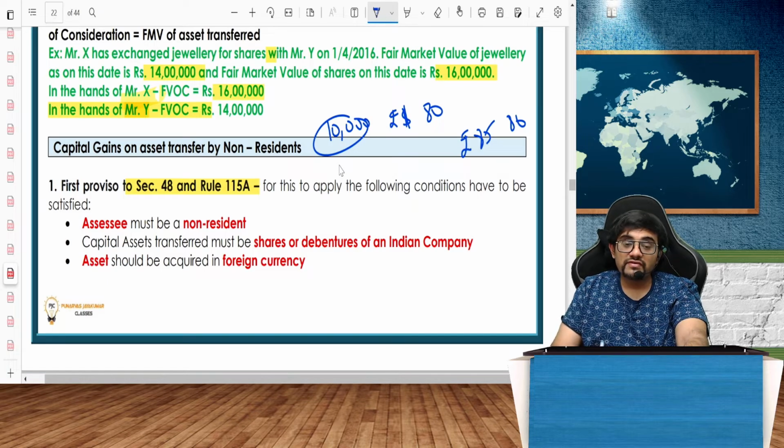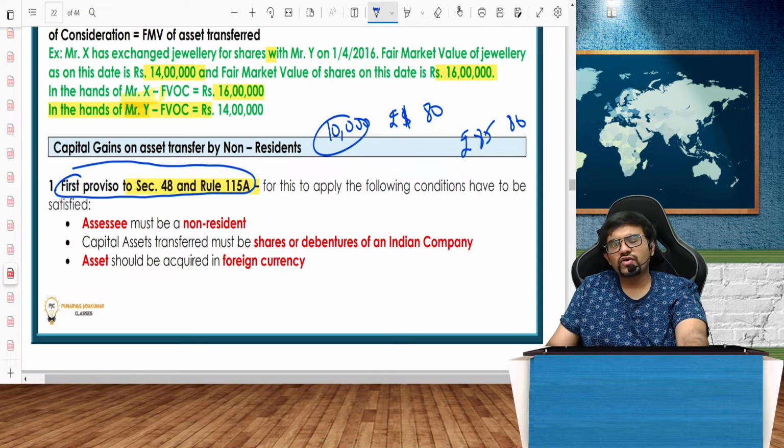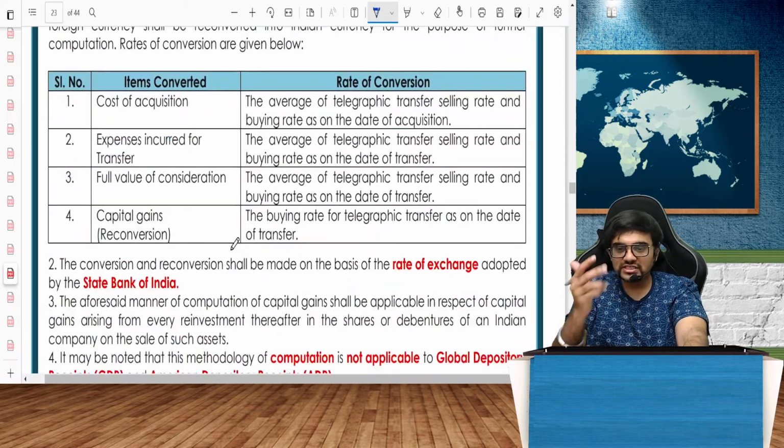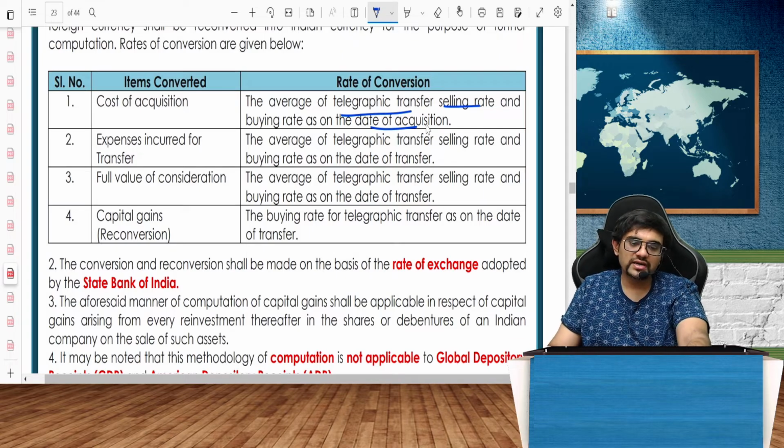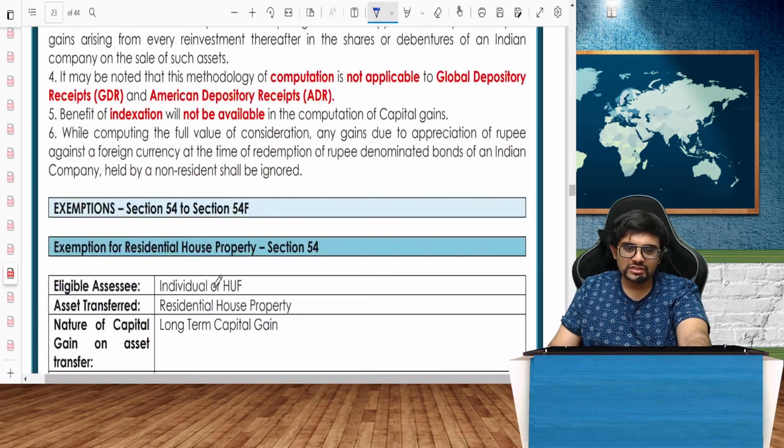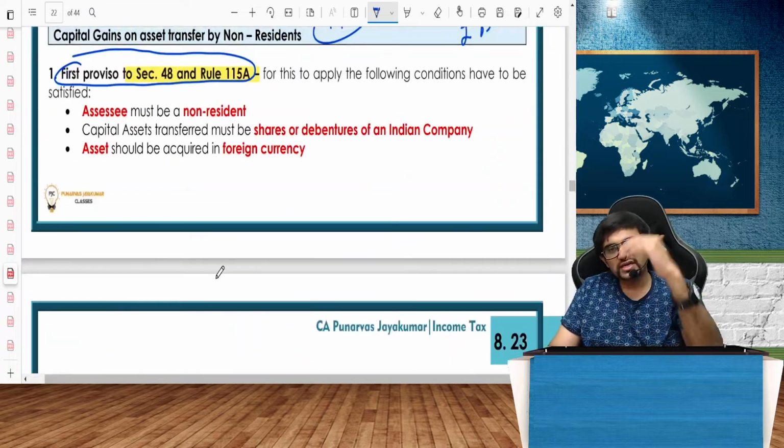That's why they give a foreign exchange benefit. This is predominantly in CA Final. Average rate of telegraphic transfer selling rate and buying rate, TTBR, TTSR. This question generally they will not ask here, they will ask in CA Final.